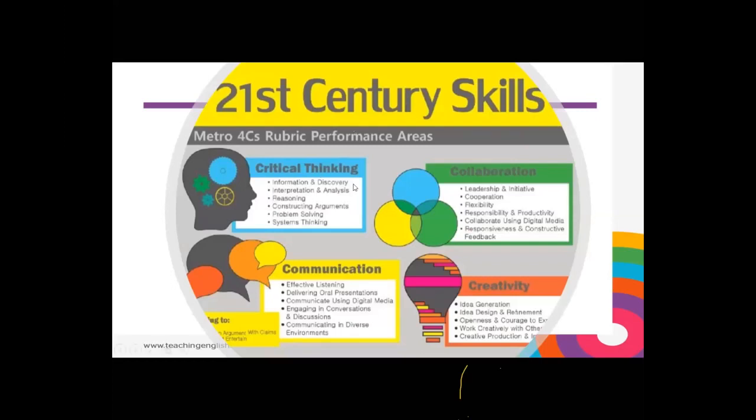Do you know critical thinking? It's information and discovery, integration, analyzing, problem solving, system thinking. They are called critical thinking. This is the first skill we must know. Critical thinking. This is the first C.